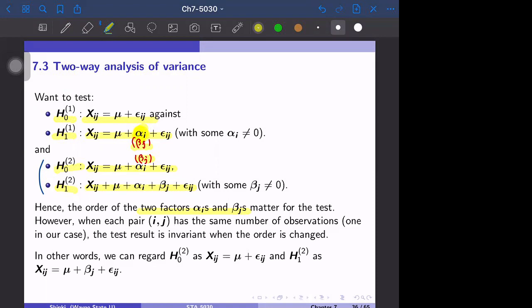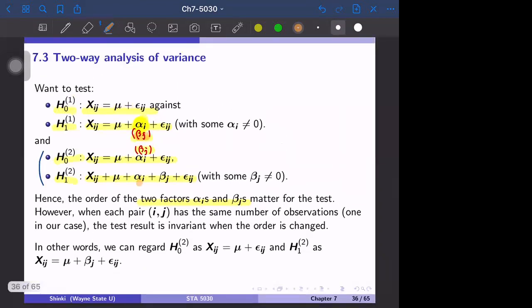So the effect of alpha i and the effect of beta j are interchangeable. Anyway, the p-value for beta j is the same for both testing schemes, and the p-value for the effect of alpha i is also the same for the two schemes.